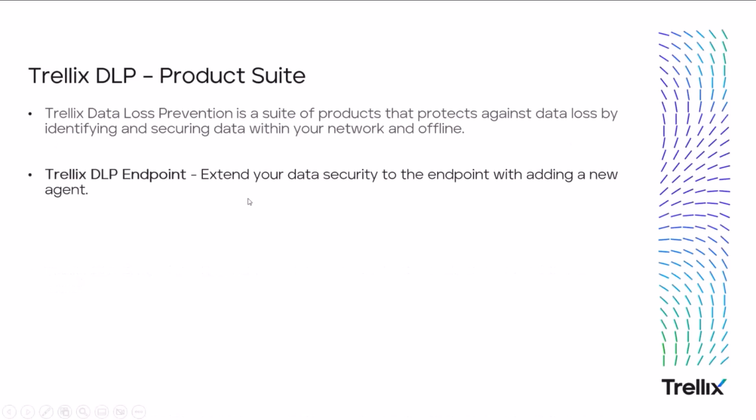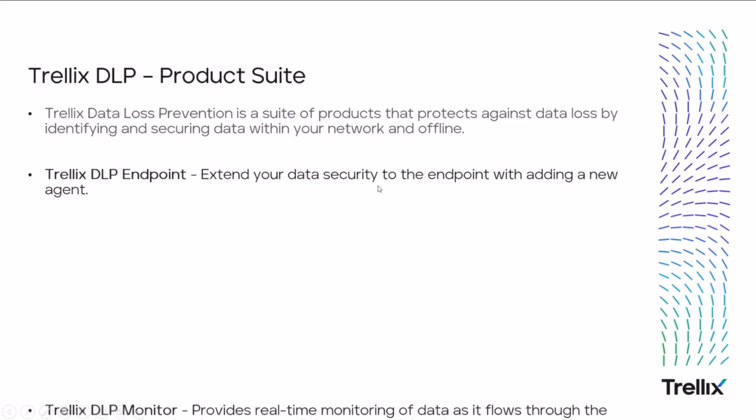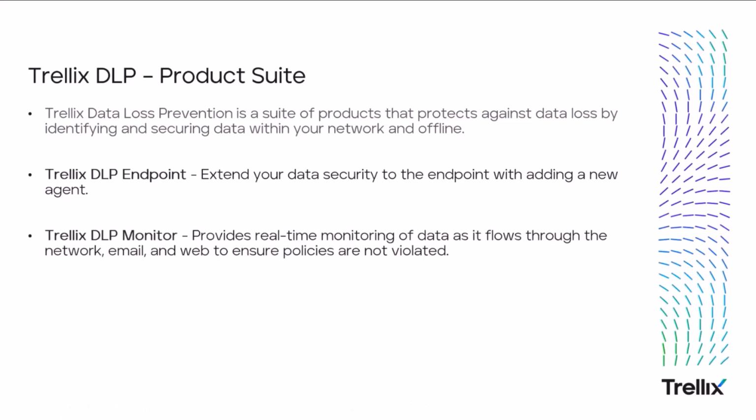So the first one is Trellix DLP Endpoint. DLP Endpoint inspects enterprise users' actions on and off the network. So in case any rule violation is noticed, yes, it takes appropriate actions. DLP Monitor.